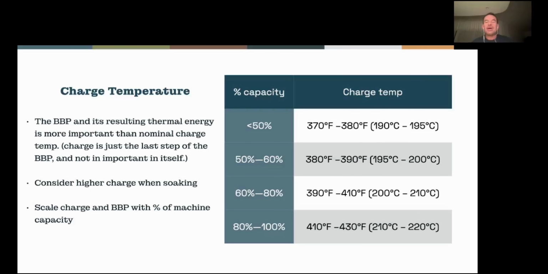Imagine you dropped a batch, you turned off the gas, you waited a few minutes, the bean temperature probe reading of the empty machine reaches, let's say, 150 Celsius, you turn the gas on, a minute later you get to 200 Celsius and you charge.